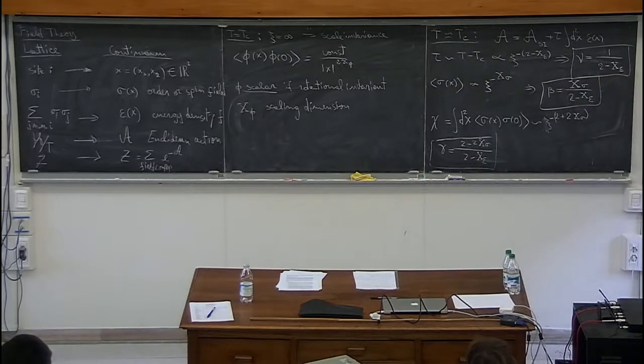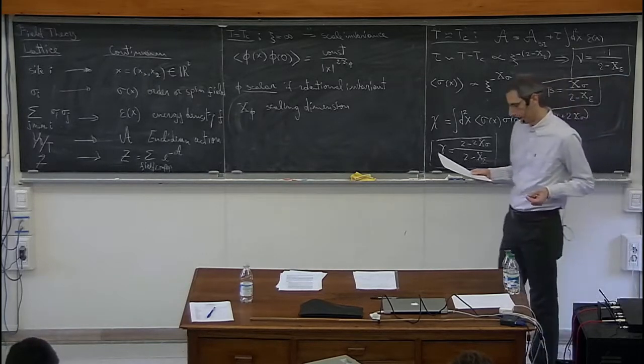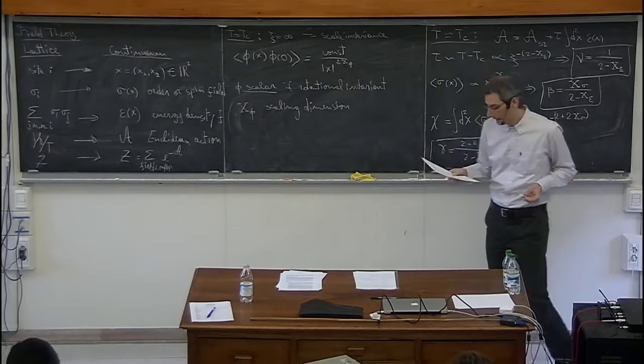So this is enough to show what I just said. The problem of critical exponents is reduced to the problem of determination of the scaling dimension of the spin field and energy density. So from now on, we will forget about alpha, beta, gamma, nu, and we will only look for scaling dimensions, x sigma, x epsilon.